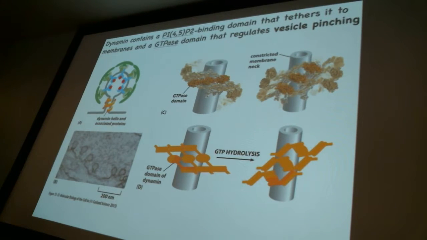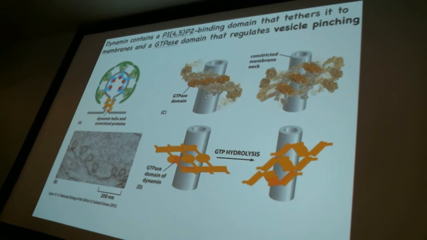So in the case of clathrin-dependent endocytosis, because it's such an easy system to study, people found this GTPase, dynamin, that forms a coil. It can even be seen on electron microscopy. This was first discovered in a screen in the fruit fly, actually.